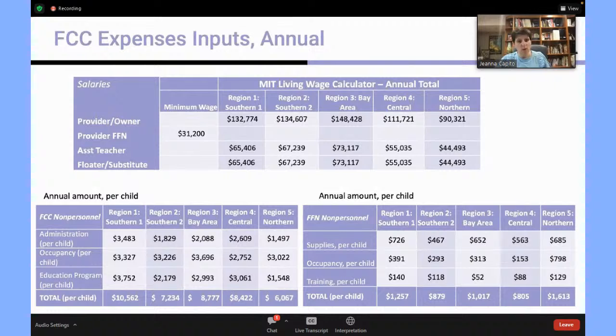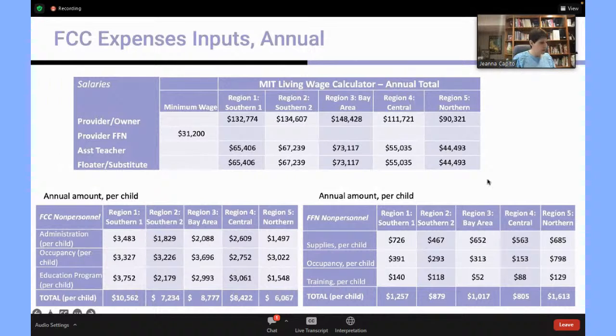So the annual amount per child for family childcare non-personnel is the same for a small or a large home, but a large home has up to 14 children that it's serving, and a small home has up to 8. So the total expenses are different across a small and a large home, but the per child cost shows up as the same.